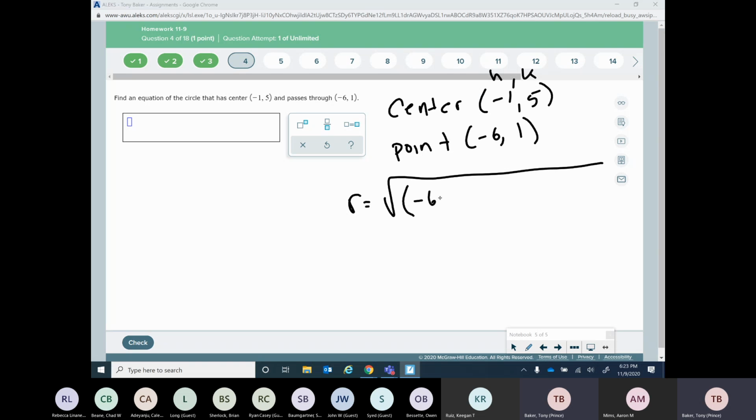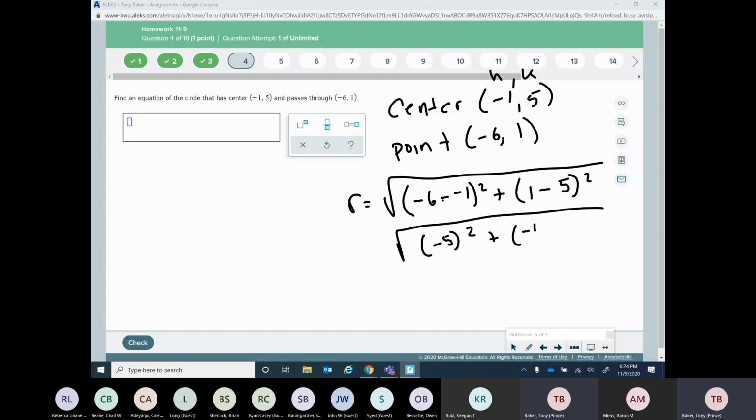I've got -6 minus -1 squared plus 1 minus 5 squared. So we've got negative 5 squared plus 4 squared. 25 plus 16 is 41, so the square root of 41 is my radius.